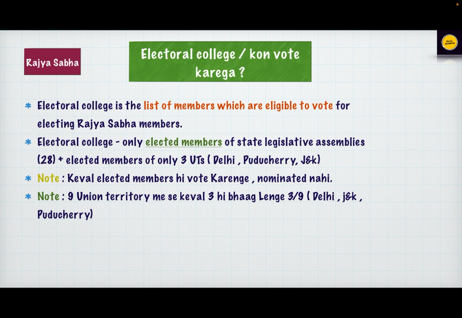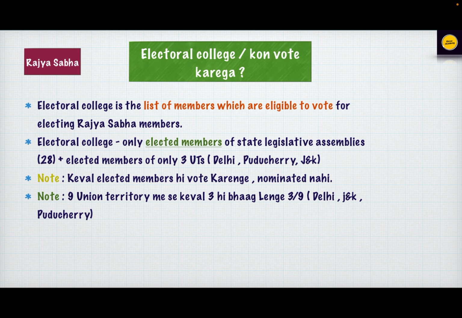So the electoral college for Raj Sabha is only the elected members of state legislative assemblies plus elected members of only 3 union territories. First we elect the members of legislative assemblies through universal adult franchise, and then they elect the members of Raj Sabha. So it comes as indirectly elected.